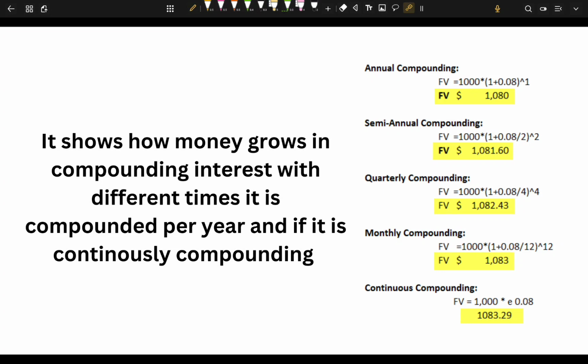So, medyo tumaas ng 1.60 doon sa kanyang future value, no? Then, quarterly, 1,082.43, 1,083.29. So, sa lahat, ang pinakamaganda is yung ating tinatawag na continuous compounding kasi infinitely growth yung ating pera dyan. Pero, for sure, wala naman nagpo-provide ng continuous compounding, no?